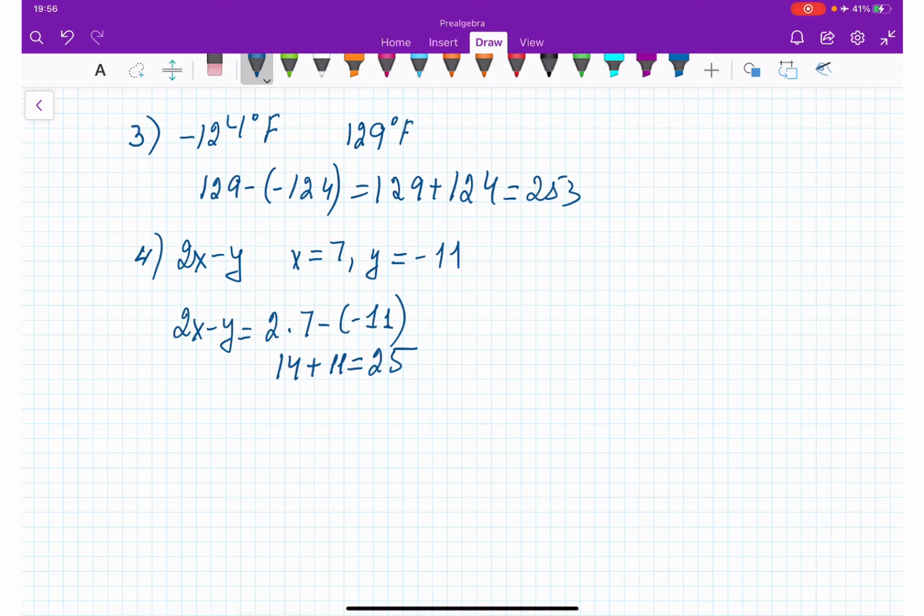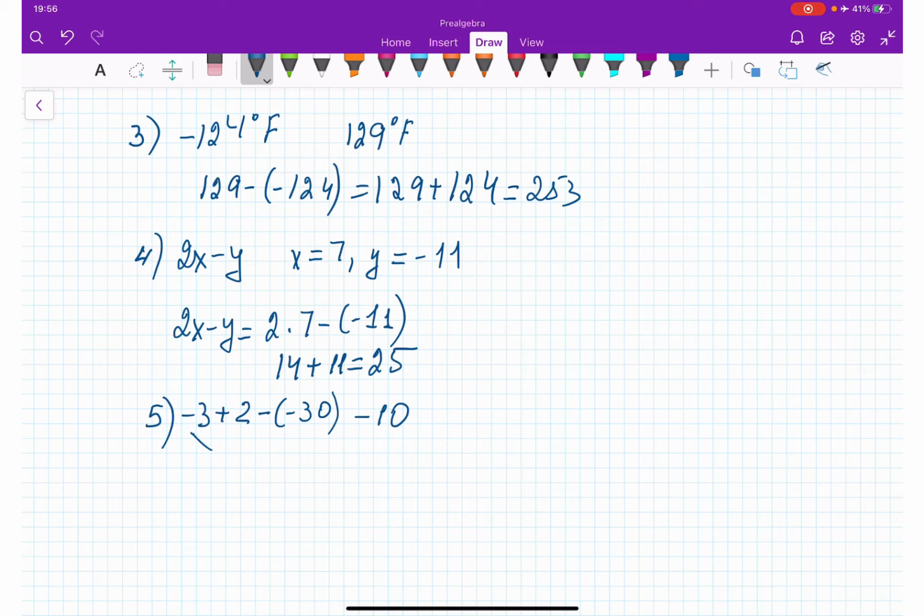Number 5. Negative 3 plus 2 minus negative 30 minus 10. Okay, well, let's solve it.